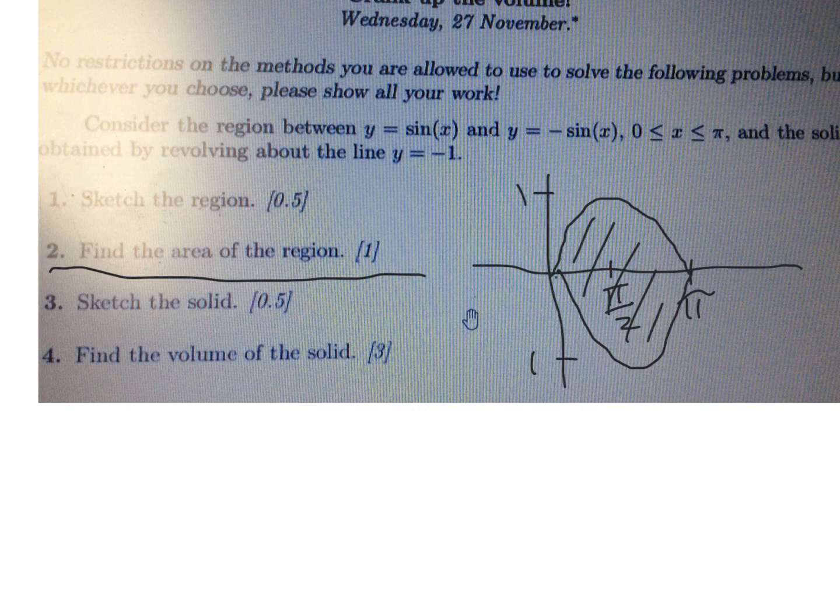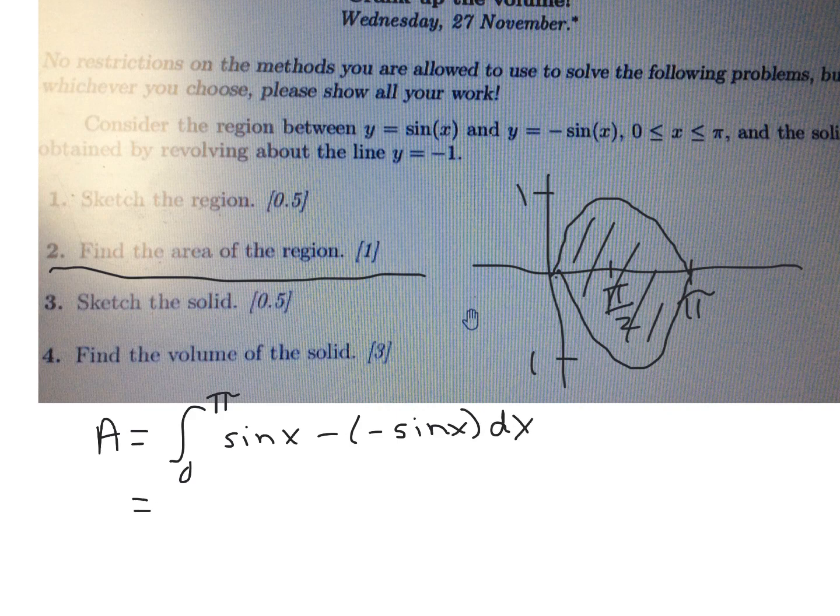So we can do this all as one integral. And so we're going to integrate from 0 to pi, and our top function is sine of x, and our bottom function is minus sine of x with respect to x.